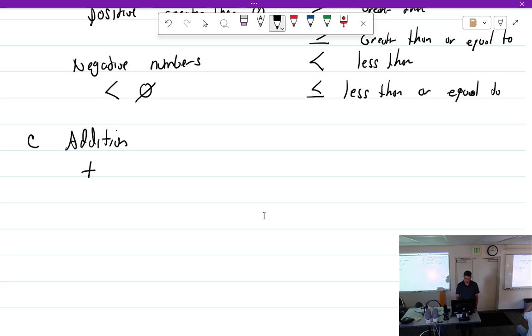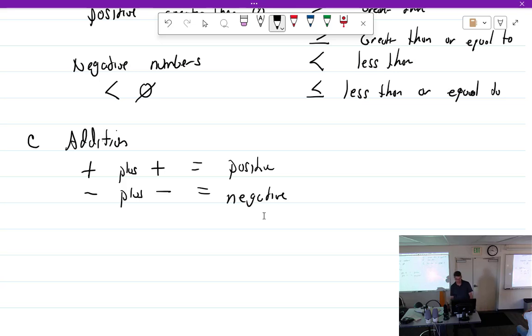All right, a positive plus a positive is going to equal what? Positive. Always a positive. If I have a negative plus a negative, that will always equal a negative. Yeah.